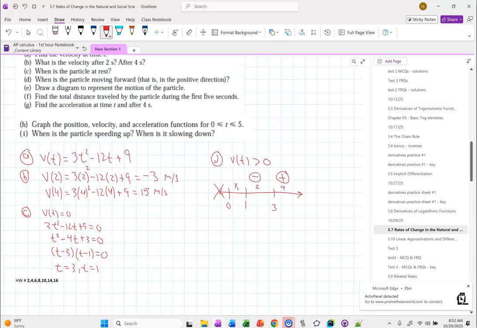I just have to check v of 1/2. When I plug 1/2 in, I get a -6, plus 9, that's positive, plus another positive. I know that's positive. I don't really care what the number is, I can just see that it's positive. Is everybody good there? So, when is the particle moving forward? From 0 to 1, or from 3 to positive infinity.